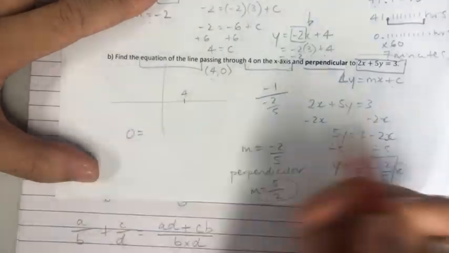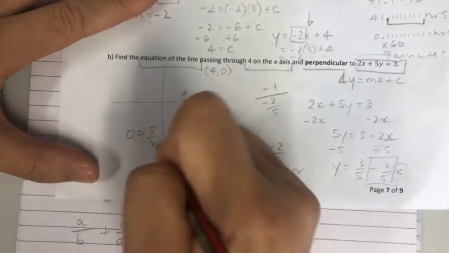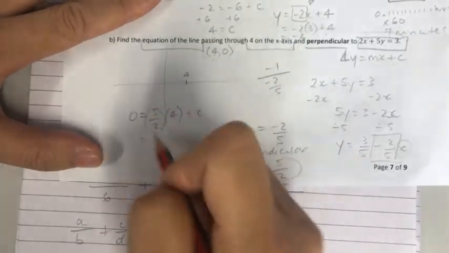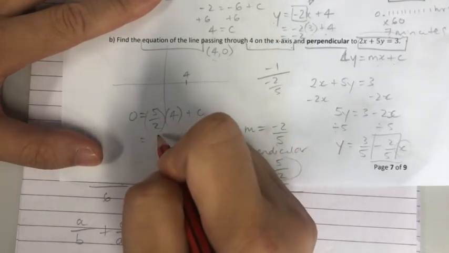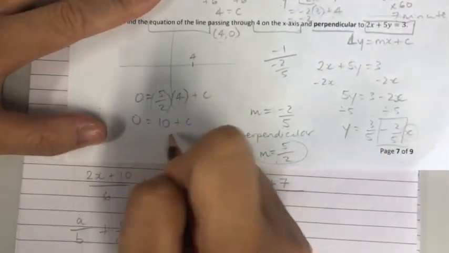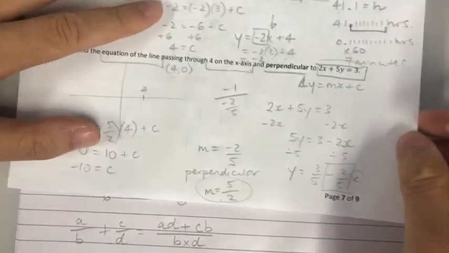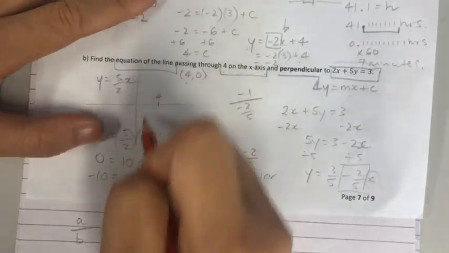So 0 is equal to 5 over 2 times the 4 plus c. 5 over 2 times 4 is 20 over 2, which is 10. And then put the 10 on the other side, subtract 10 from both sides, minus 10 equals c. So the equation of this line is y equals 5/2 x minus 10.